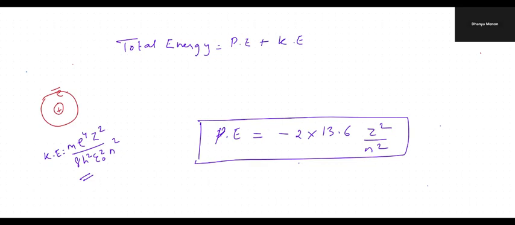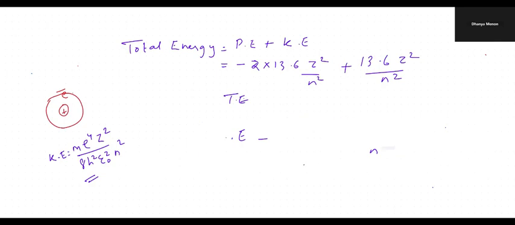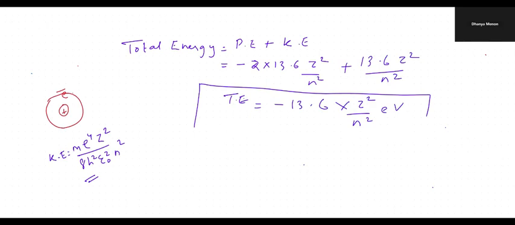Potential energy is minus 2 times 13.6 Z square by n square, and the value of kinetic energy, the simplified version we got, was 13.6 Z square by n square. So the total energy will be minus 13.6 times Z square by n square electron volt. This is our total energy and it is negative.